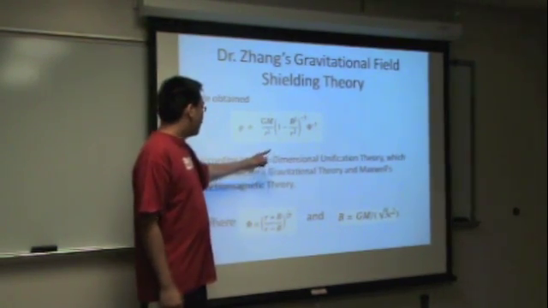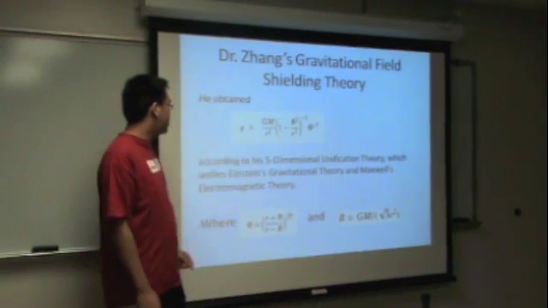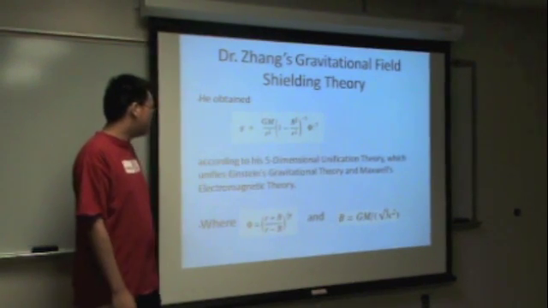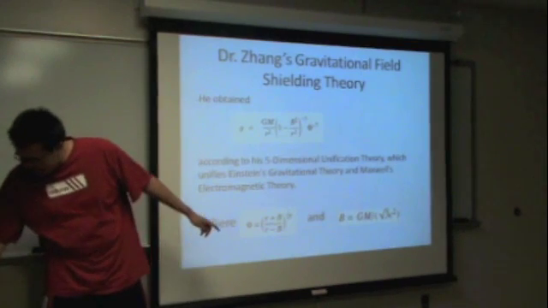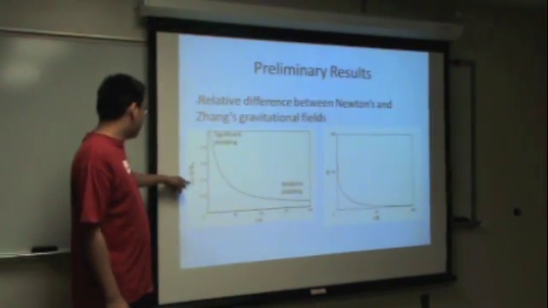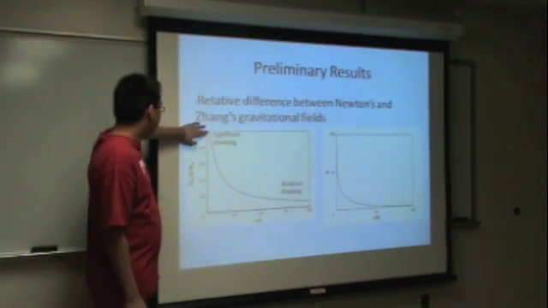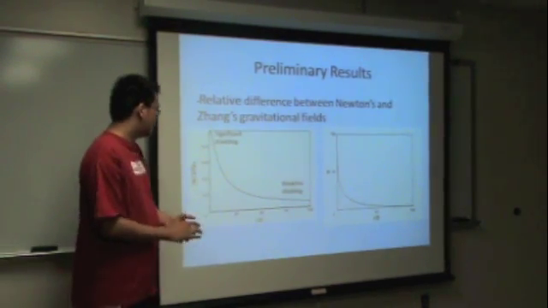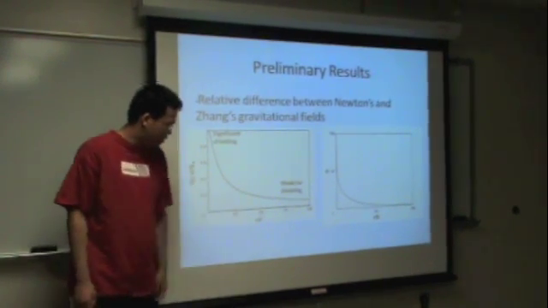And if the scalar field is significantly huge, then G is different from the Newtonian gravitation. If it's smaller, then you can expect a large relative difference, which means there's significant shielding. And if phi is smaller, then there's weak shielding.